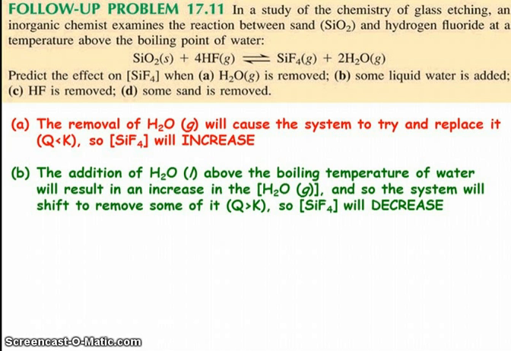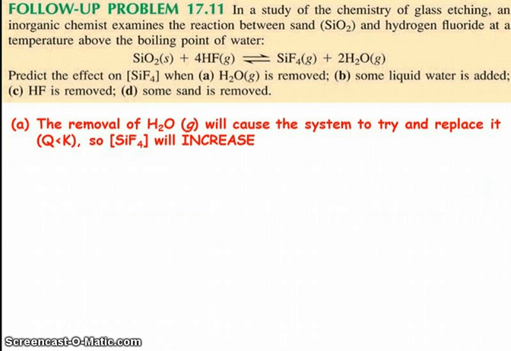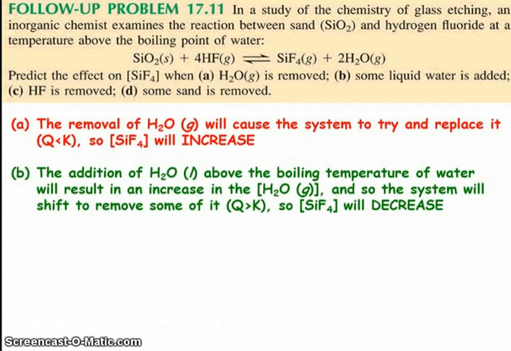If I add some liquid water, we have to again make note of what we know from the problem. We're above the boiling point of water, so if I add liquid water to this system, it's going to vaporize, and so it's going to produce H2O gas. And so because we are above the boiling temperature, we're going to add product. So when I add product, I've stacked on the right.